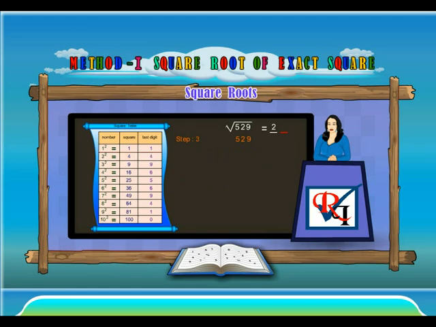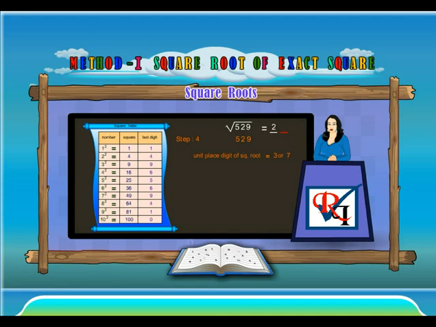Now for the unit place digit, simply find the last digit of the first group, which is 9, in the square table, which we find in 3 squared, that is 9, and again in 7 squared, that is 49. So we get two values for the unit place digit.